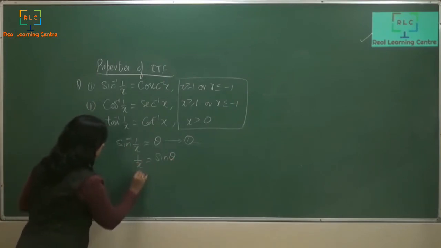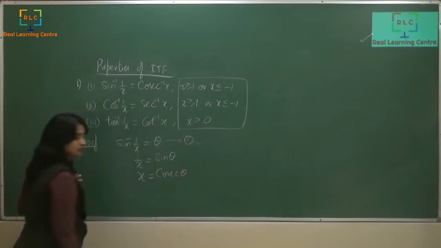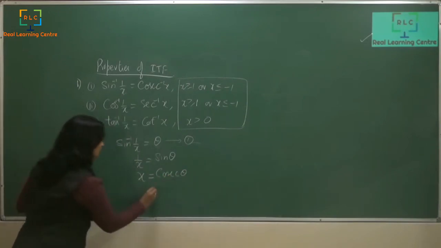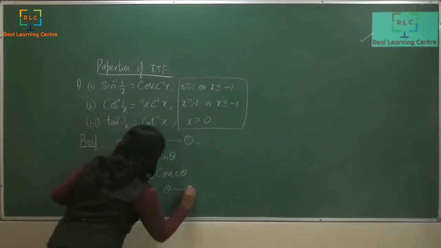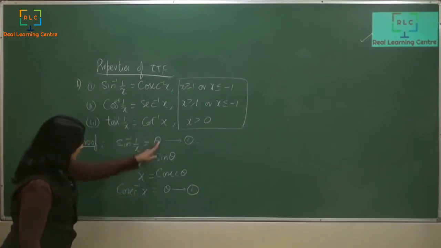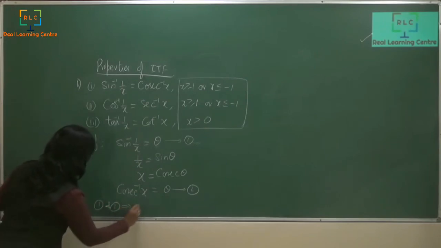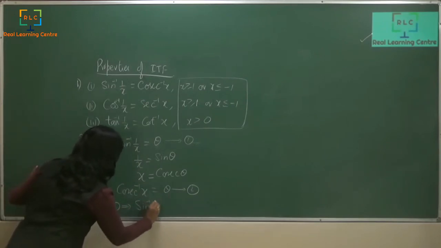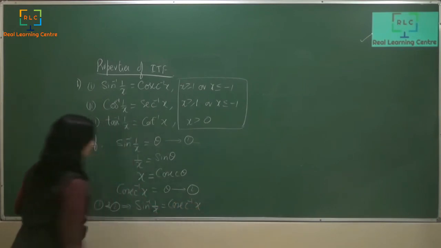So 1 by x becomes x, and 1 by sine is cosecant theta. Now theta I'll keep here, cosecant I'll push there. I got cosecant inverse x is equal to theta. See, RHS is equal to RHS, so LHS should be equal to LHS. Equations 1 and 2 imply sine inverse 1 by x is equal to cosecant inverse x.